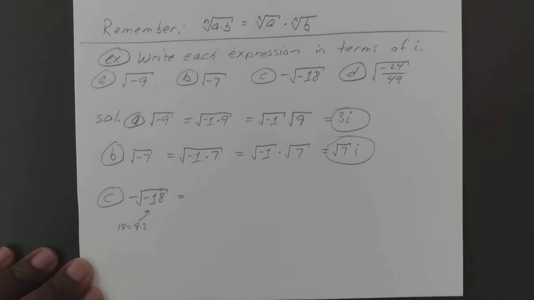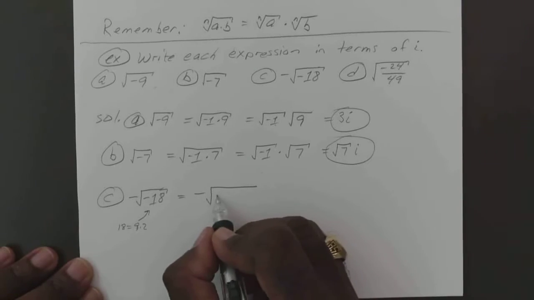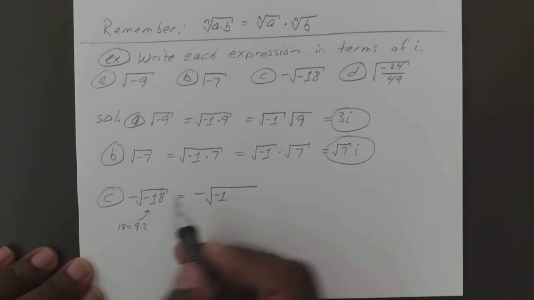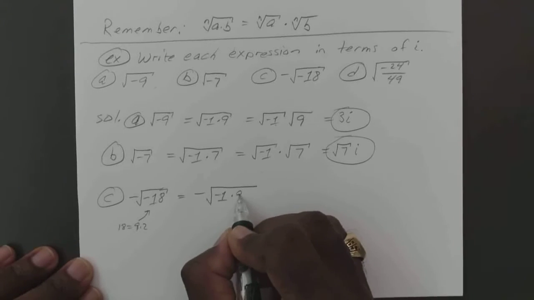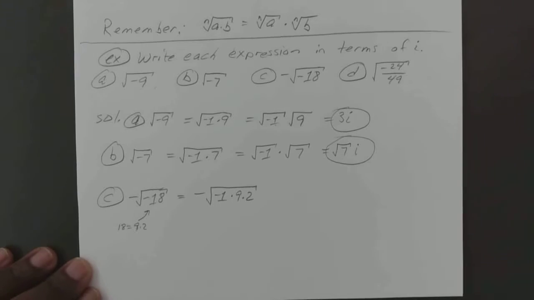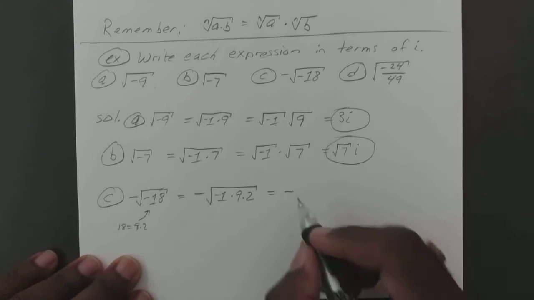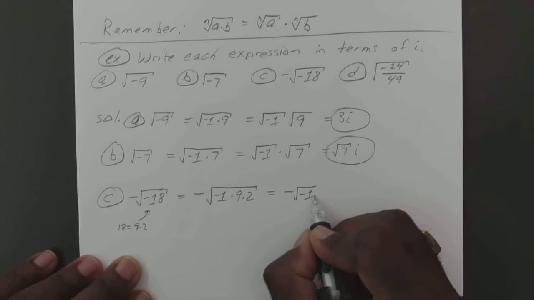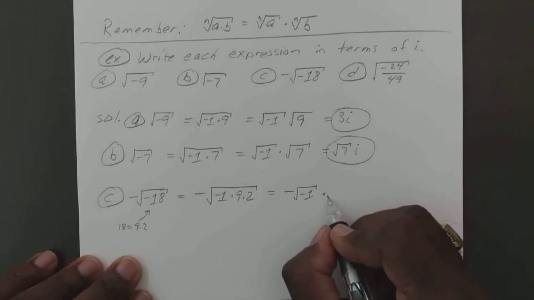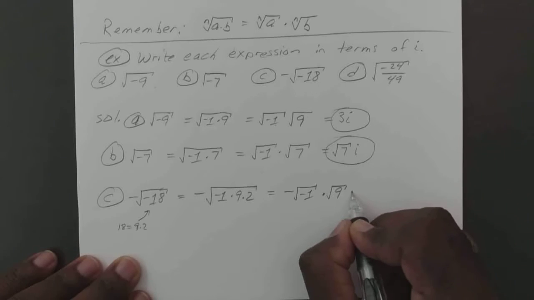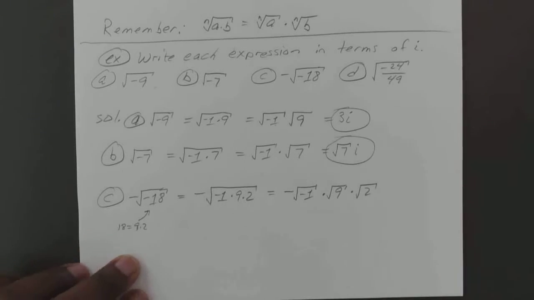Remember that the negative is on the outside, so let's make that the square root of negative 1 times 18, but we'll make that negative 1 times 9 times 2. And we can just go ahead and separate all three. Negative square root of negative 1 times the square root of 9 times the square root of 2.